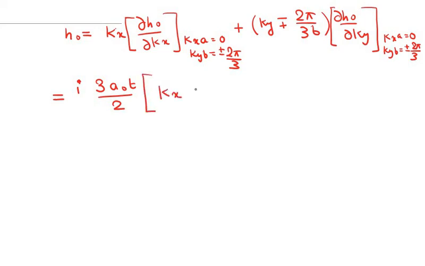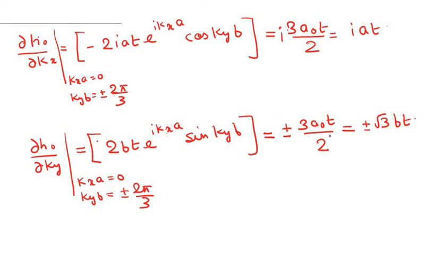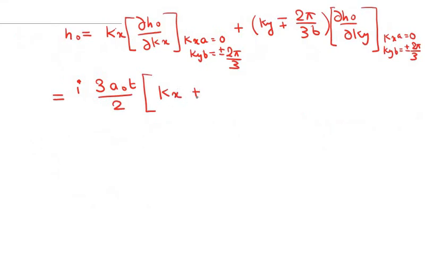Plus, we actually have a plus minus sign over here, so we have this plus minus ky minus plus 2 pi divided by 3b.